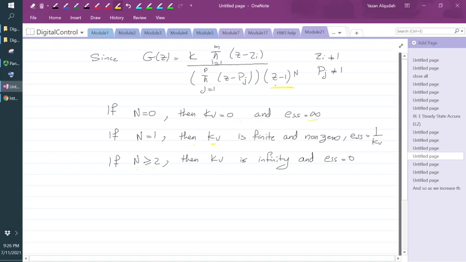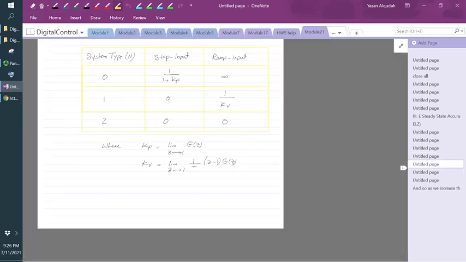And in g of 1, if I have z minus 1 squared or higher, one of them cancels with the z minus 1 in the expression of Kv, but I will still have z minus 1 in the denominator. Therefore, when I plug in z equal to 1, I get Kv equal to infinity. And in this case, the steady state error, since it is 1 over Kv, is going to equal 1 over infinity, which is going to equal 0.